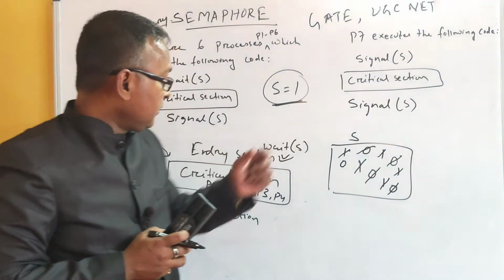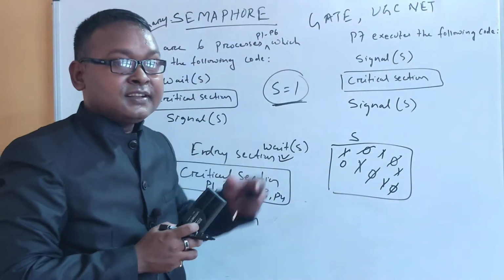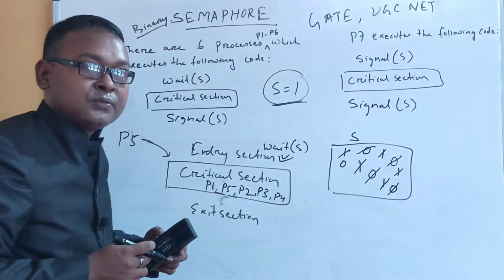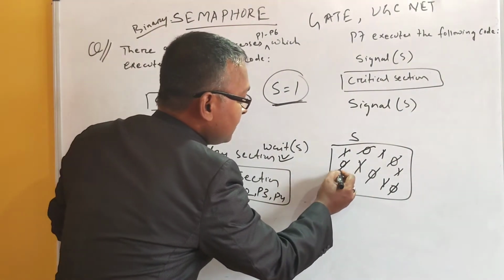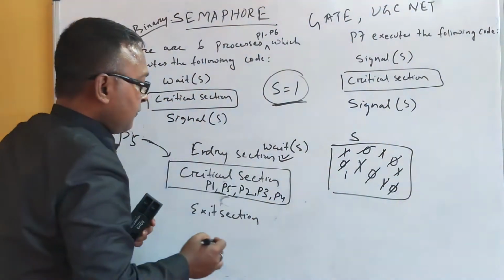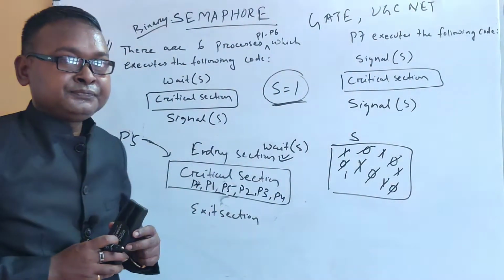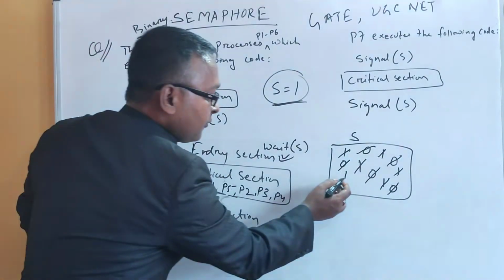Again, P7, if it has exited, wants to enter right now, can it enter? Yes, it can enter, thereby incrementing the semaphore value from 0 to 1 by executing the signal. So P7 increments the semaphore value to 1 and P7 again enters into the critical section. Now the semaphore value is 1.